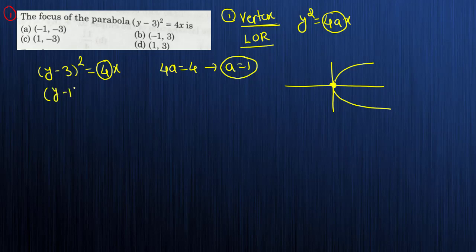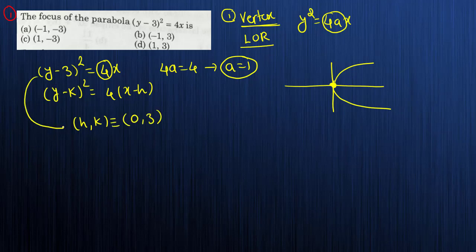So it is (y minus k) whole square equals to 4 into bracket (x minus h), where h is 0 and k is 3. So (h, k) is equal to (0, 3). If I compare this equation with the standard equation, then I will come to know that h is equals to 0 and k is equals to 3. What it means, this point is at (0, 3).